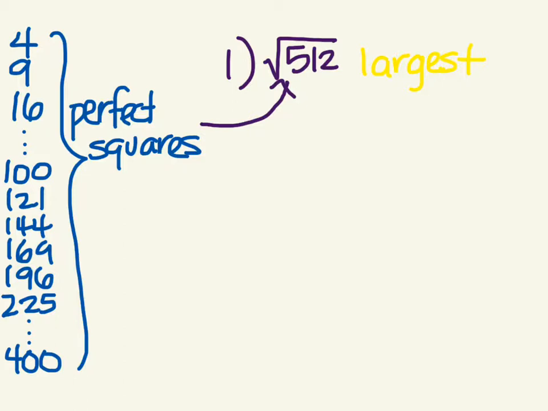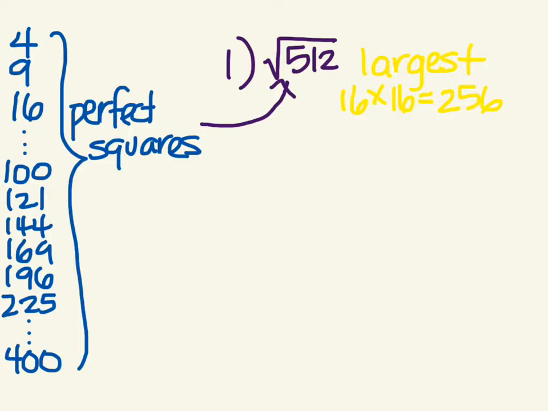But the largest one that I can find, I think, is 16 times 16. It's not listed here, but 16 times 16 gives you 256. Okay, and 256 goes into 512.